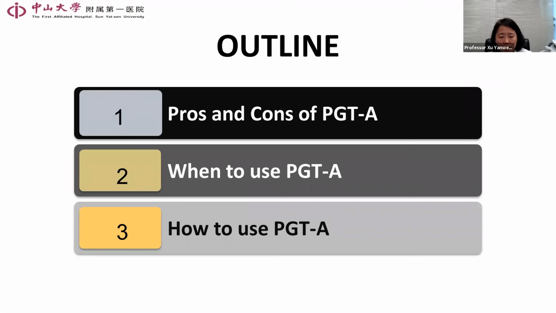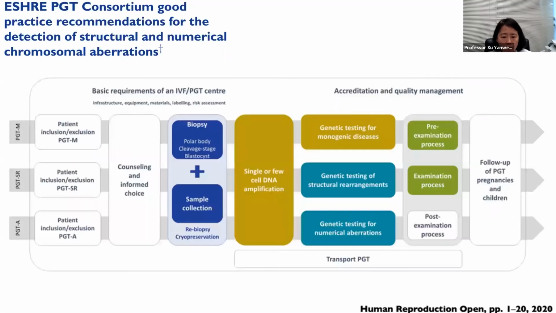Lastly, how to use PGT-A. This year in Human Reproduction, several recommendations were published by the ACGH PGT Consortium Group. We have good practice recommendations for PGT-A, PGT-SR and PGT-M.